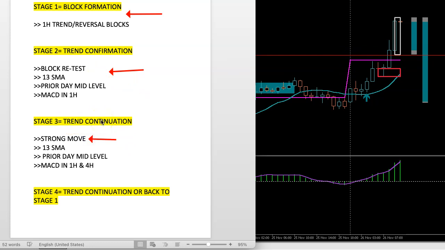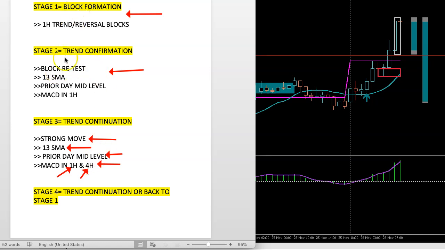That will be for the next following day. So again, how do we re-enter on a trend continuation? We again await a new candle to close above the moving average. If we want to buy, we want to be above the prior day mid-level, and now for trend continuation, we want to make sure the MACD on 1 hour and 4 hours are going in the same direction.